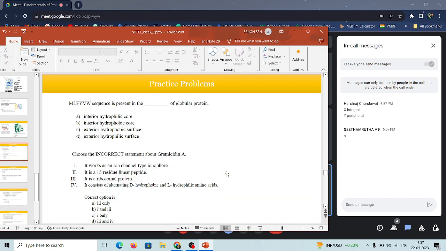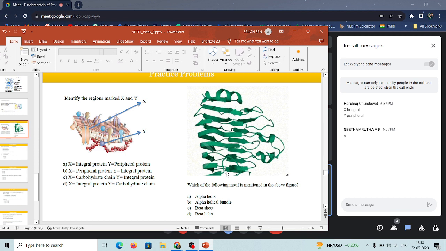Which of the following motifs is present in the above structure? So what is the motif that we are talking about? Is it an alpha helix? Is it a beta sheet? Is it an alpha helical bundle or a beta helix?